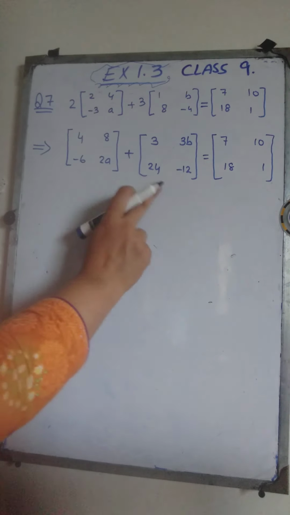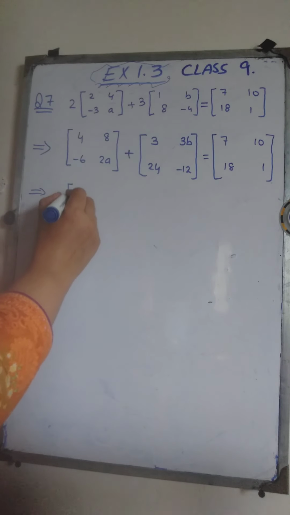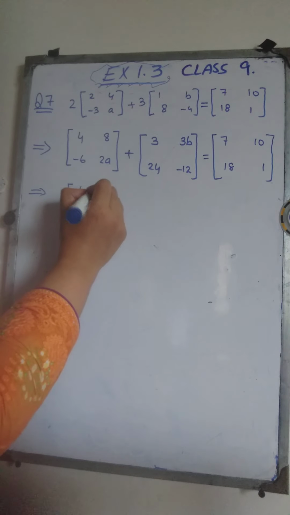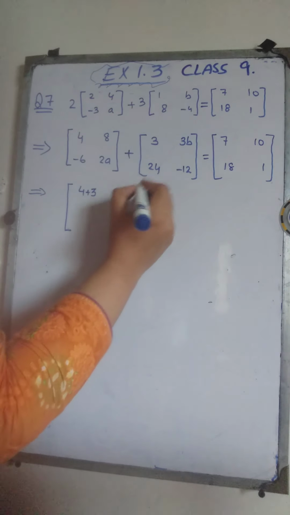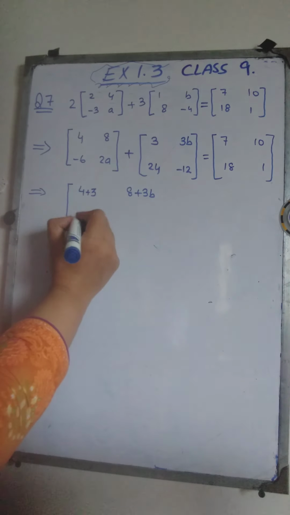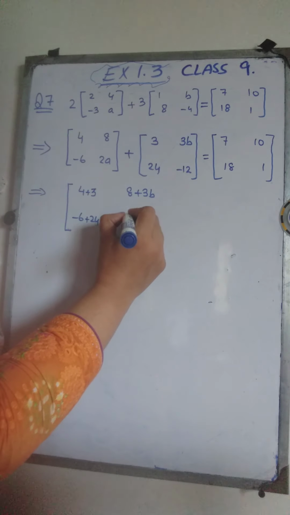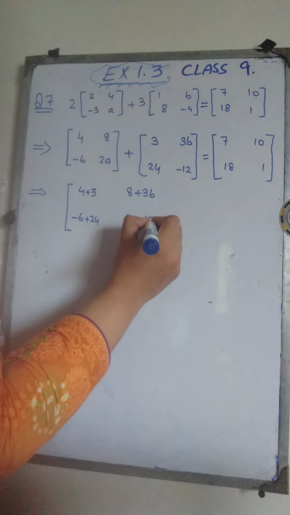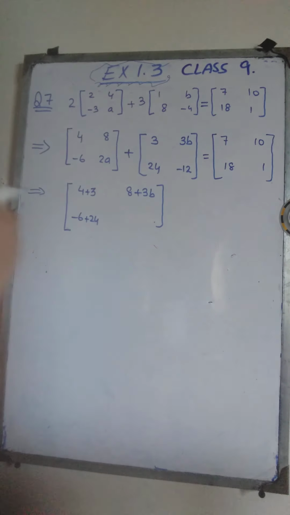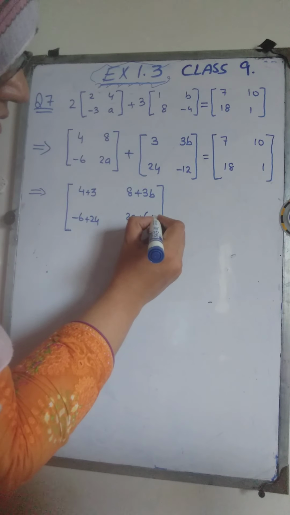Now adding these two matrices, 4 plus 3 will be, then 8 will be added to 3B, negative 6 will be added to 24, 2A minus 12, okay, 2A plus minus 12.